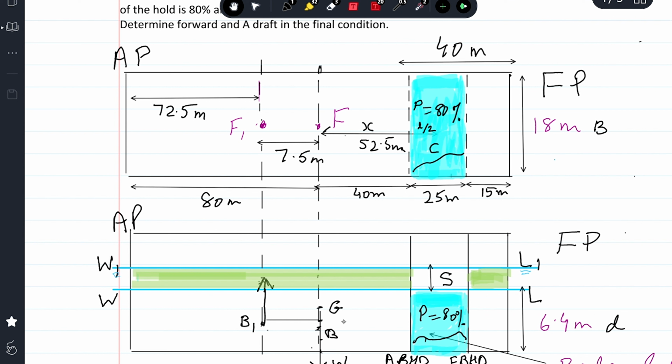So the green shaded region between the two water lines, original water line WL and the new water line after bilging W1L1, is the volume regained.